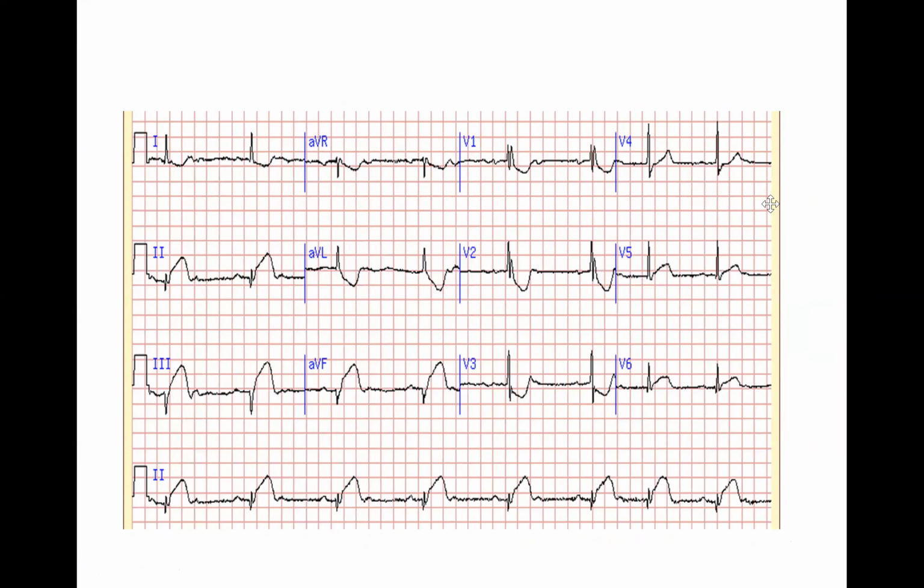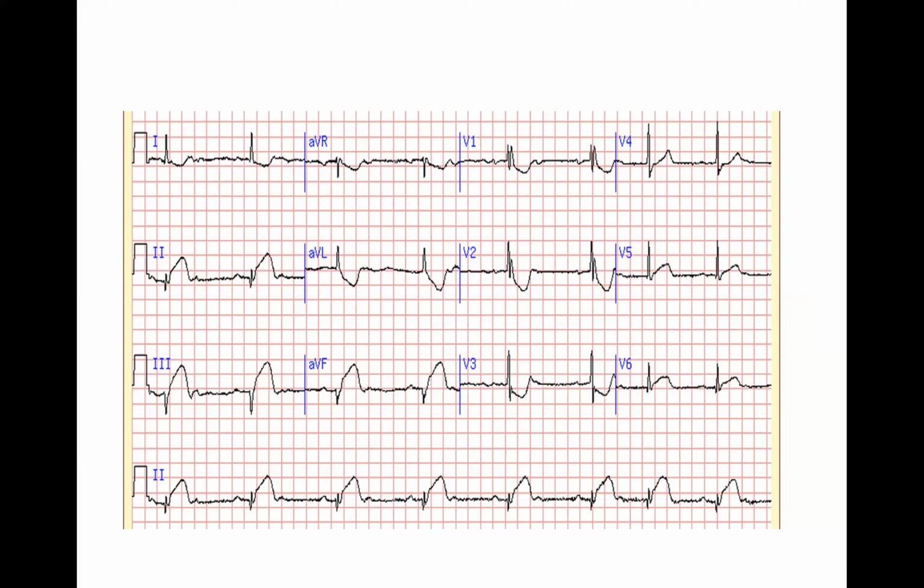Like the last ECG, who would like to take it? I can take it. Okay, this is a 12-lead ECG, sinus rhythm. There is ST segment elevation in the inferior leads with reciprocal changes in the high lateral leads and anterior leads.